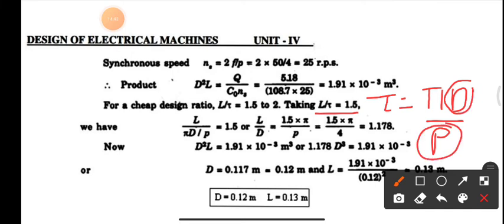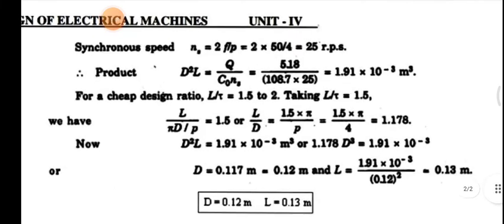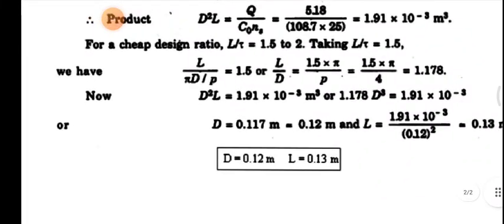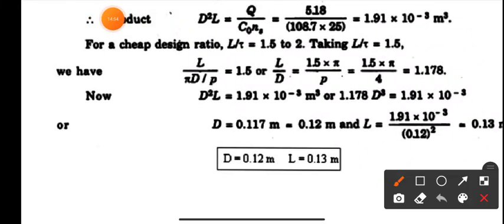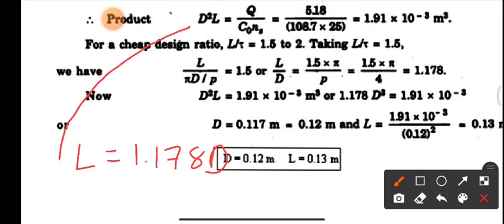Now L by D we have done, then we are getting a ratio of 1.178, right? So after solving this, we will have a relation between L and D, like L is equal to 1.178 D.